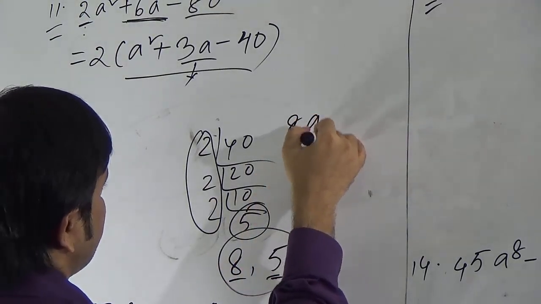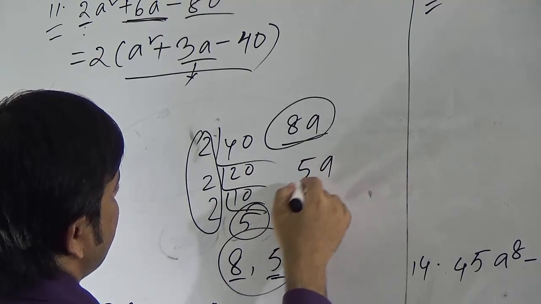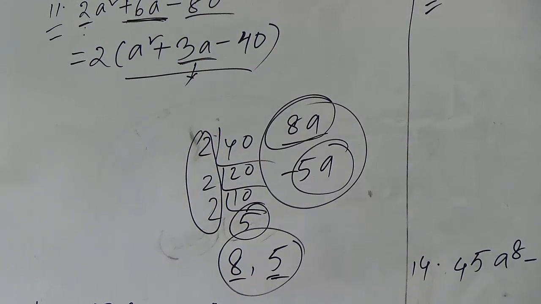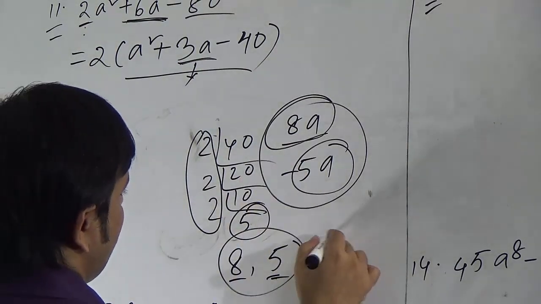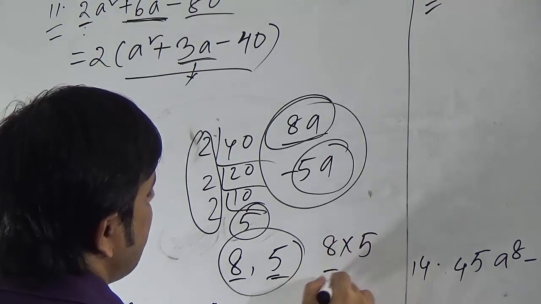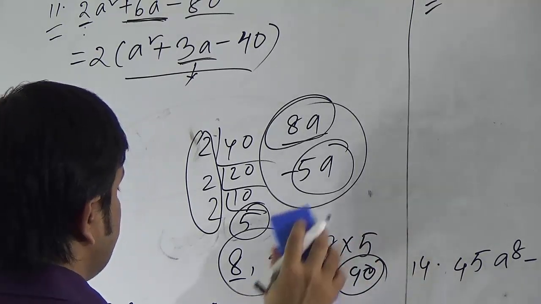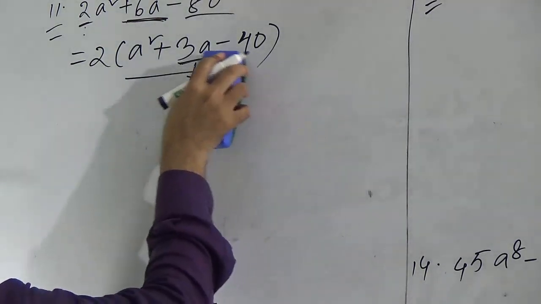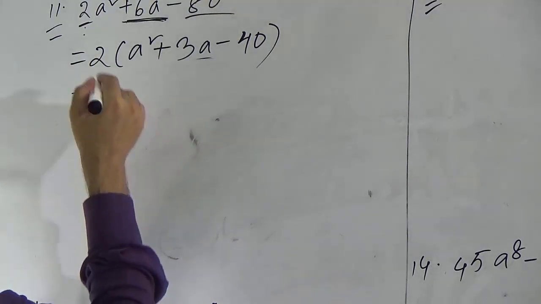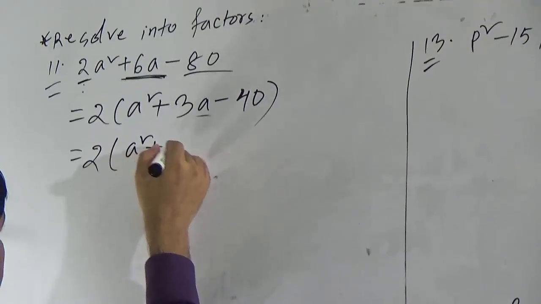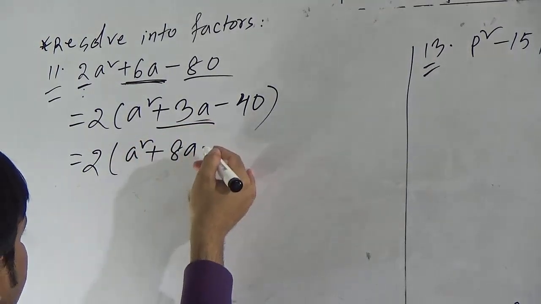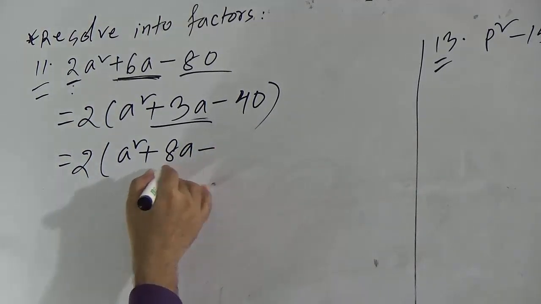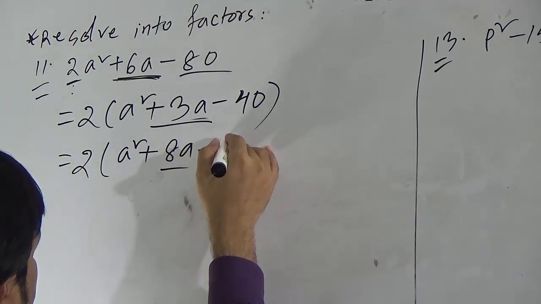If we take 8a positive and 5a negative, then the sum of these two will be 3a, and the product of 8 and 5 will be 40. It means that this is the middle term factorization. So we can write this a square plus 8a. As 3a is positive here, we have to take the greater term positive, and the next term negative.